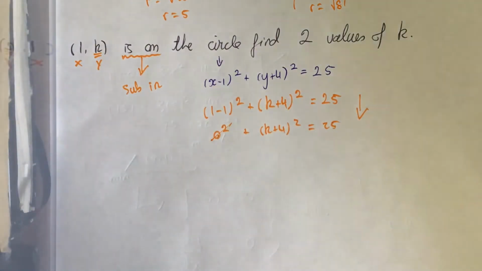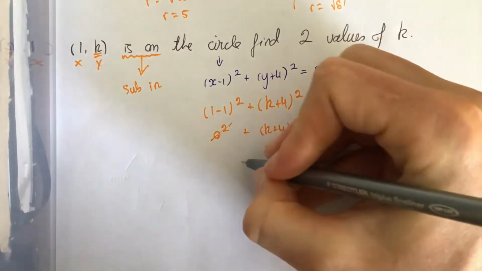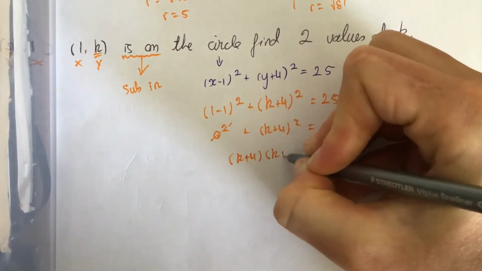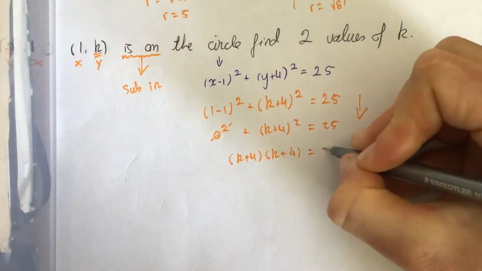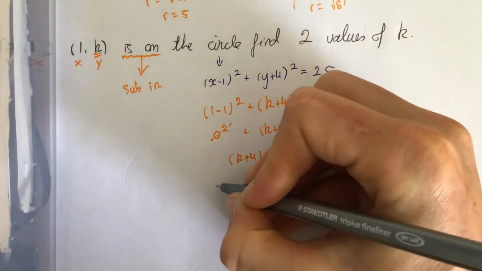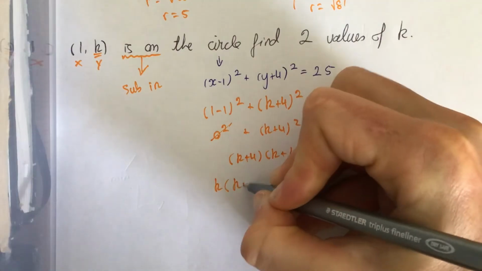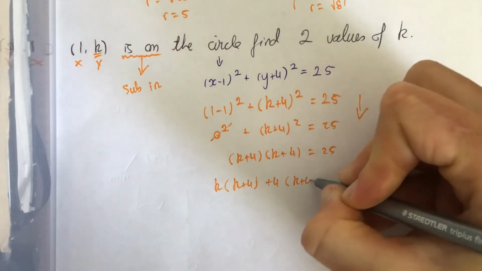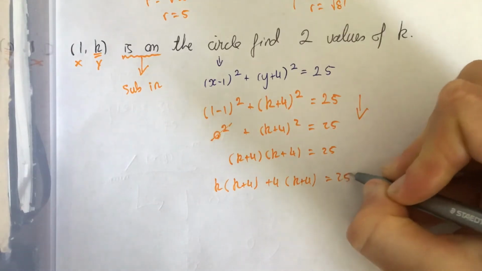So let's do the only thing we can do and just start to multiply this out. So we're going to write this out twice. (k plus 4) multiplied by (k plus 4) equals 25.